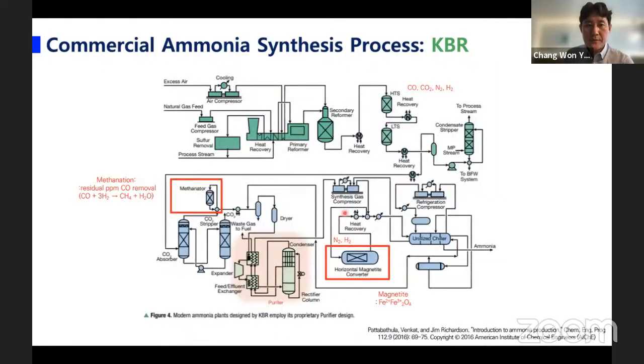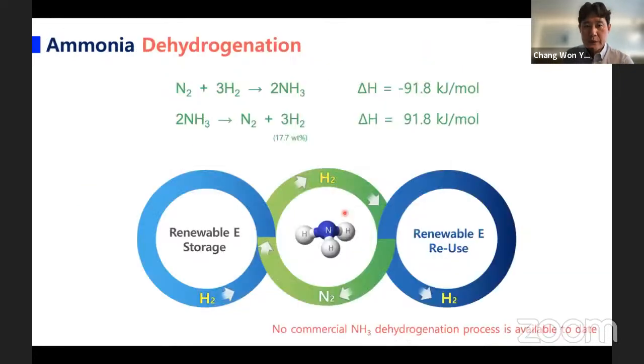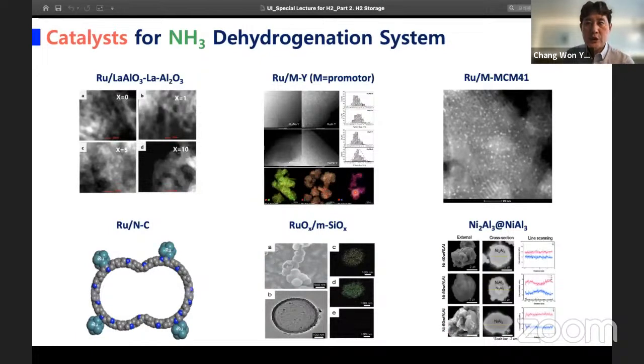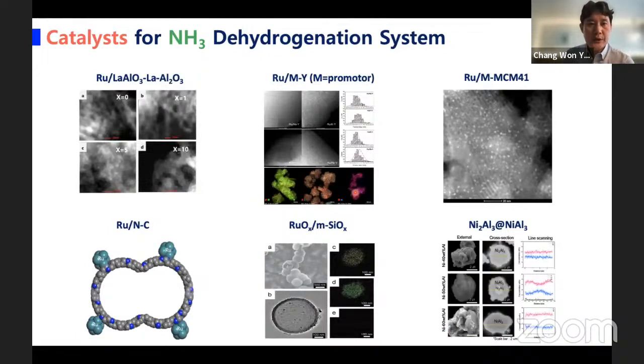This is a process I'm not going to talk about. Ammonia dehydrogenation is the key for achieving an ammonia-based cycle, but it's not commercialized, and there is no commercial ammonia dehydrogenation process available today. So our lab developed many catalysts for the ammonia dehydrogenation reaction, as you can see here.